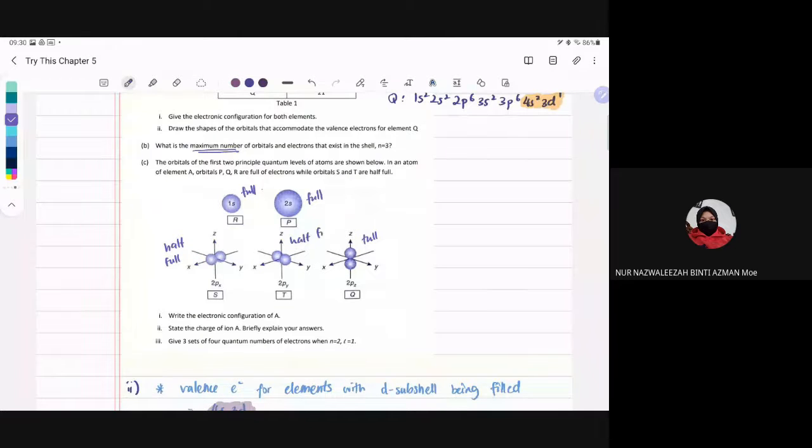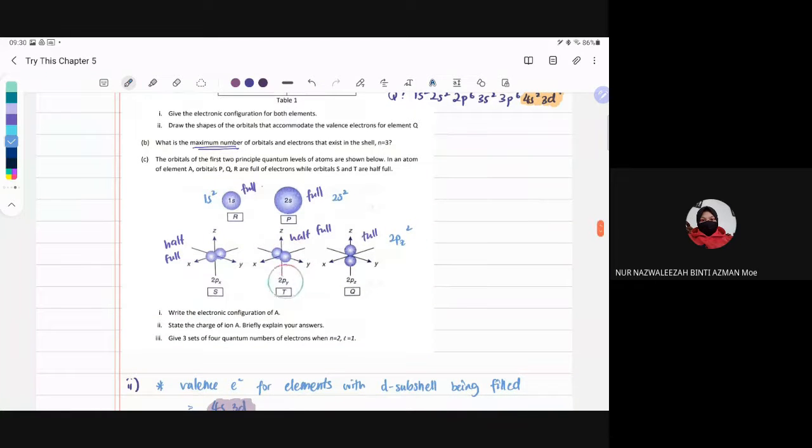Maksudnya yang ini, this is 1s2, yang ini pun full. So this is 2s2. Ini adalah 2pz ni ada 2 elektron juga. 2pz ada 2. 2py half full. Satu orbital ni. Jadi this is 2py ada 1. Yang ini 2px pun ada 1.